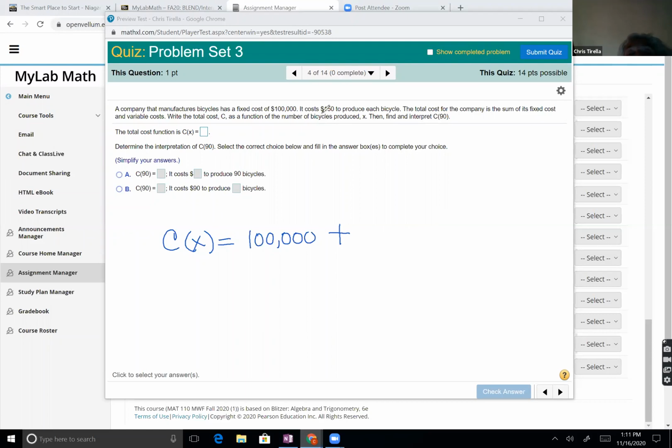What would vary would be how much it costs depending on the number of bicycles. Does it make sense that if it's $150 per bicycle, the variable cost would be $150 times the number of bicycles?